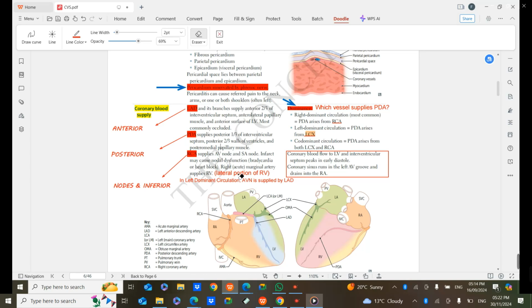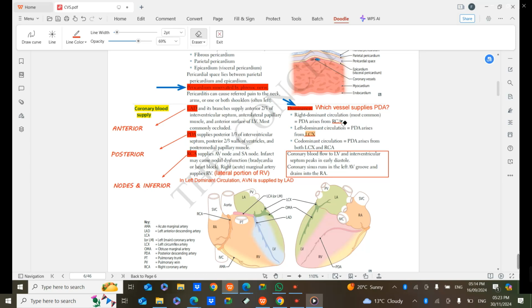All right. Because of the ECG they give me, I'm seeing ST segment elevation in lead 2, lead 3, and aVF. That's what I'm saying. So it shows that right coronary artery is affected.